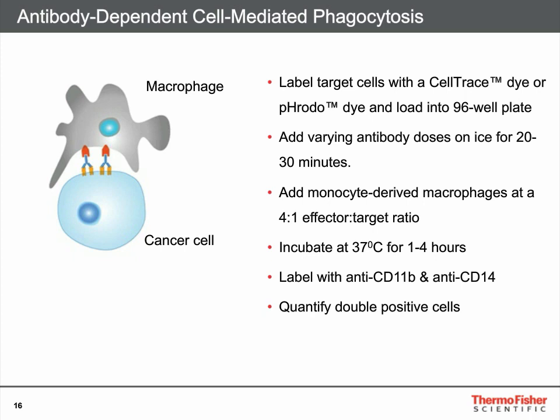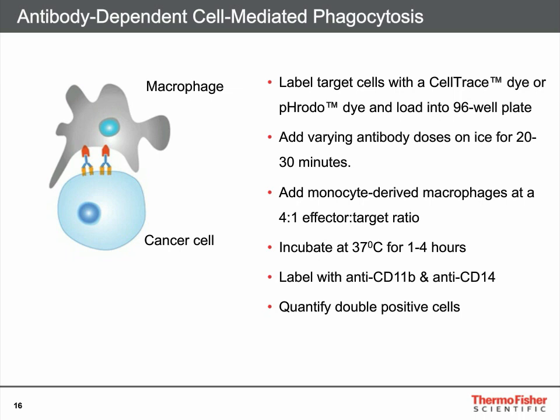In this case, we can label our target cells, our cancer cells, with a cell trace dye. A cell trace dye is a dye that covalently binds throughout the cytosol of this cell, permanently labeling it as a target cell, so that in our downstream analysis, we can identify clearly which cell is a target cell and which is our macrophage.